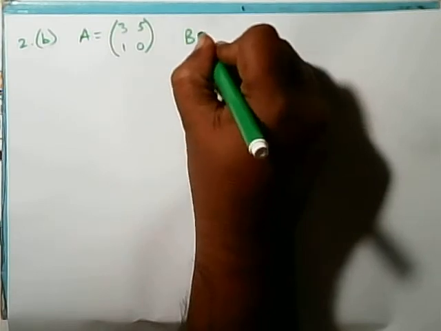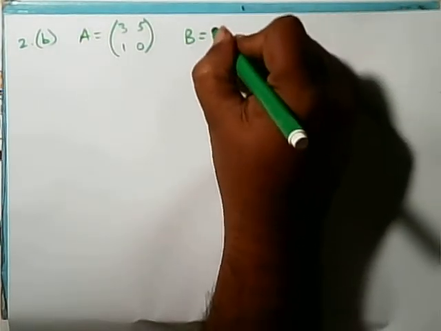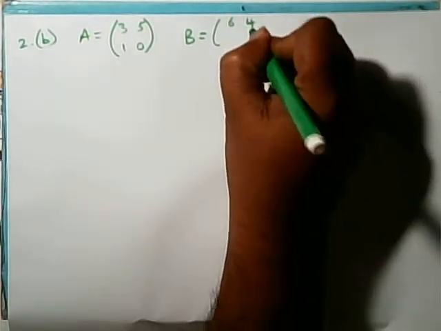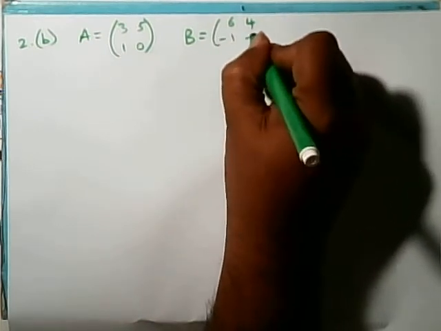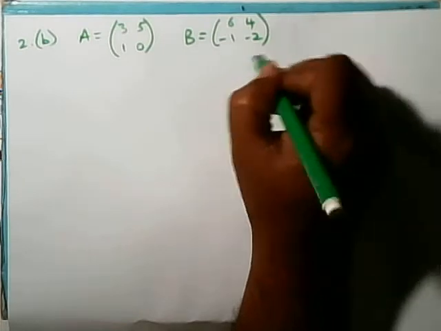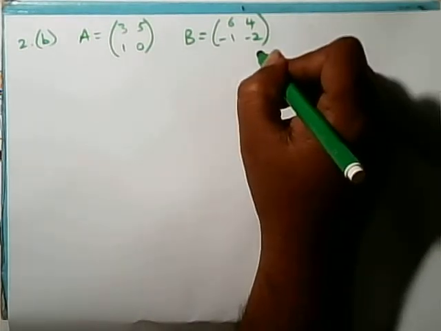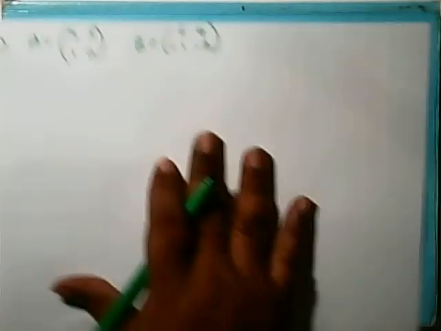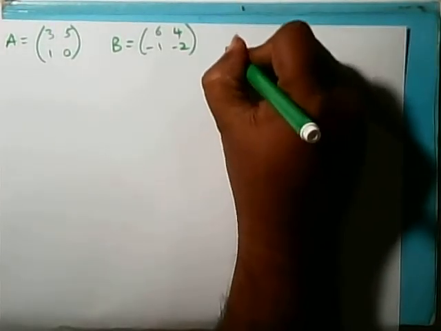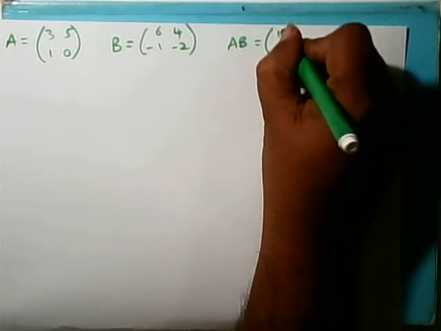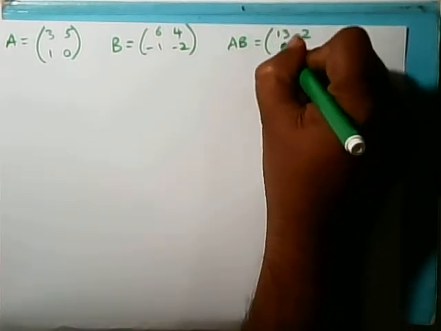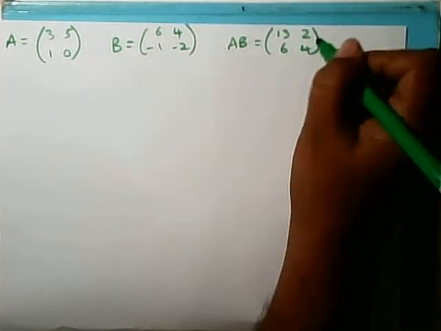B is equal to 6, 4, minus 1, minus 2. We already know from previously that AB is equal to 13, 2, 6, 4.